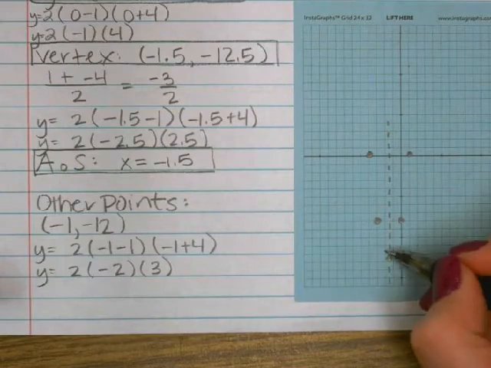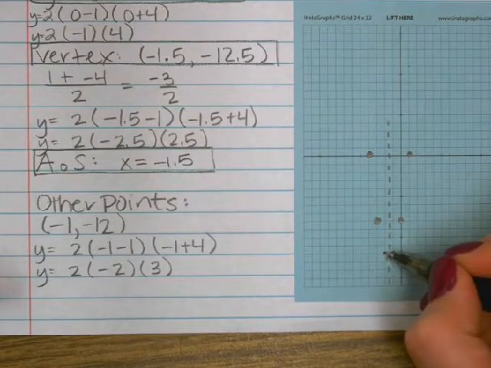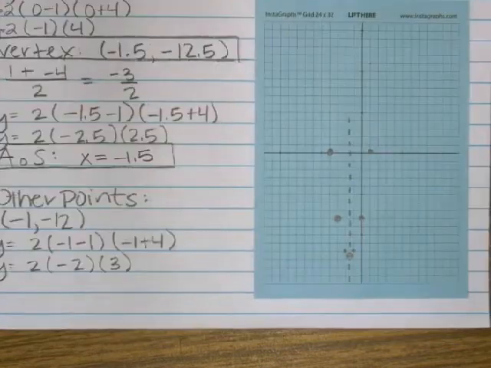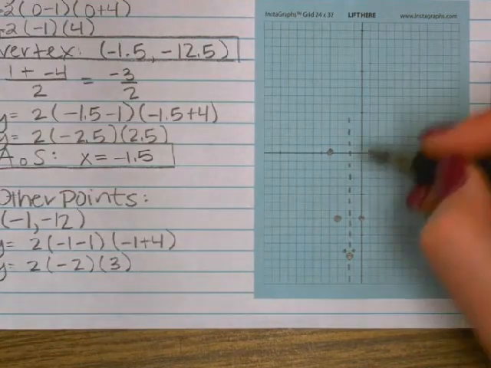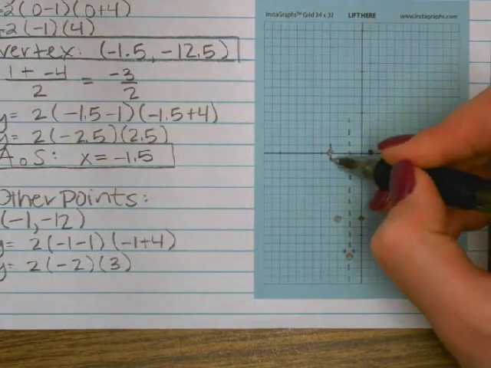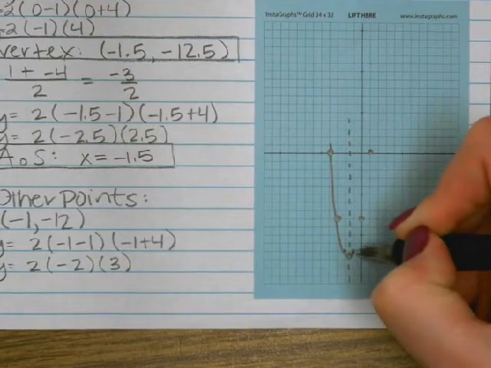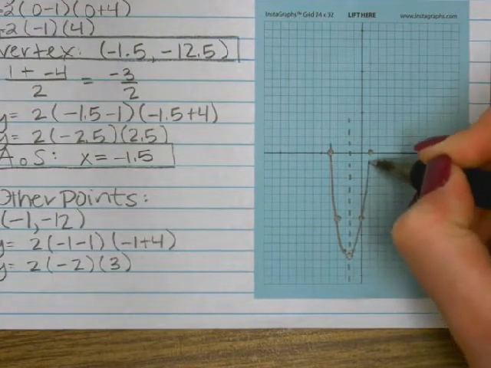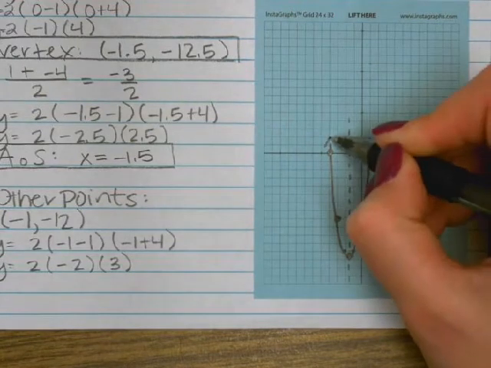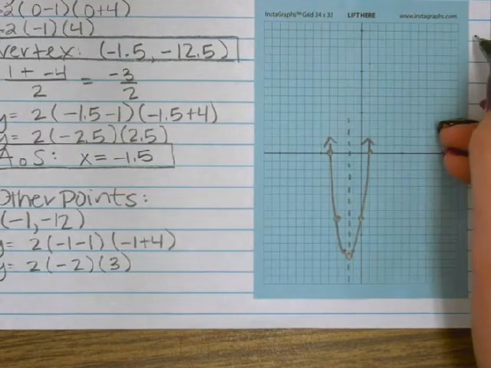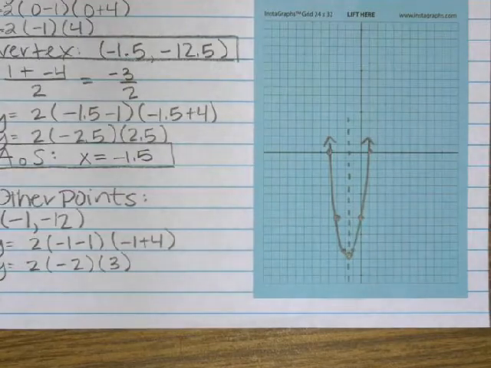And then we can do the same thing on the other side of the vertex because we know that's symmetric. So there's lots of points you can find in there, especially if your y-intercept were so big or so small that it was hard to graph it. Like if you have a y-intercept of -72, you're probably going to want to look for some other points to be able to graph it.